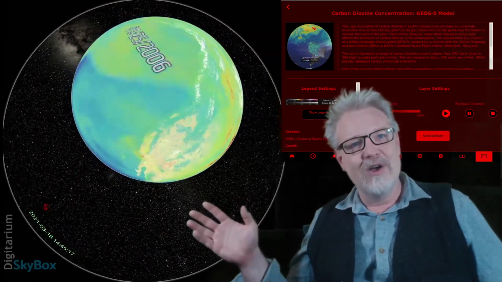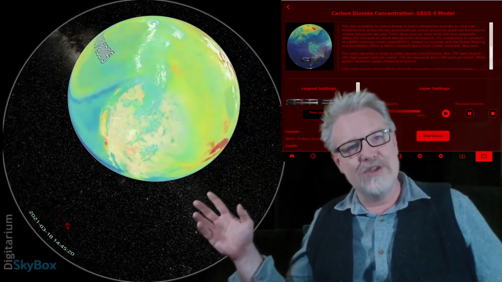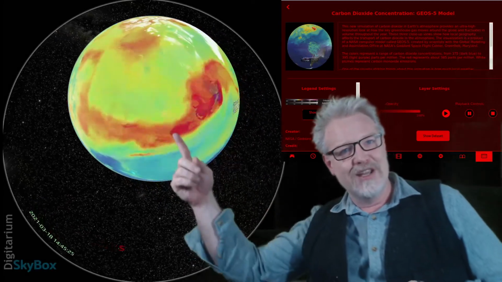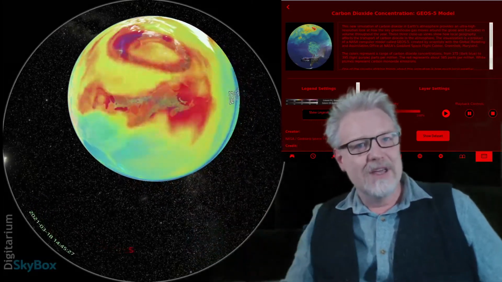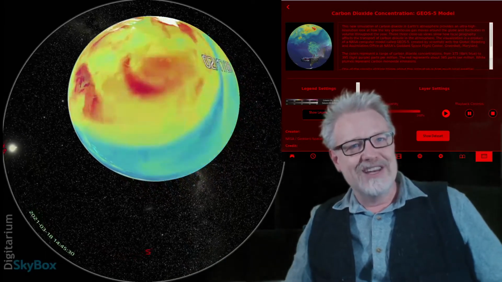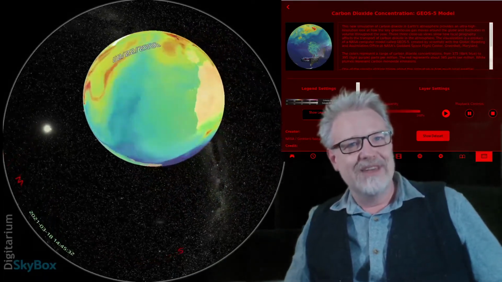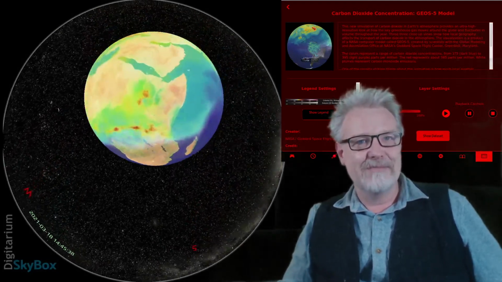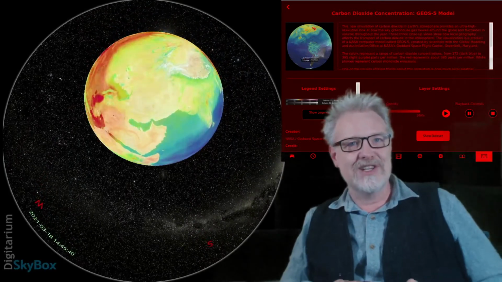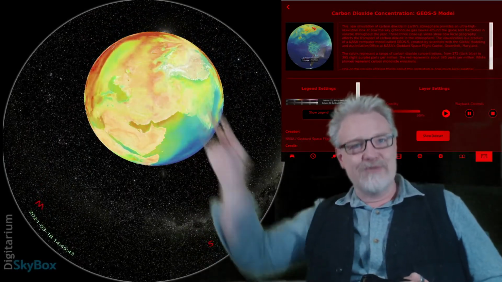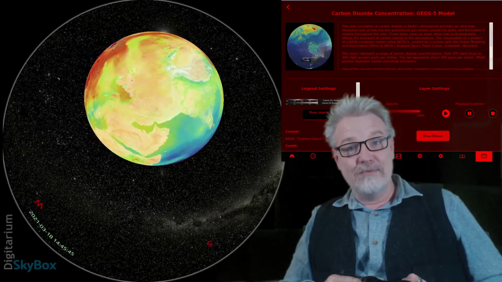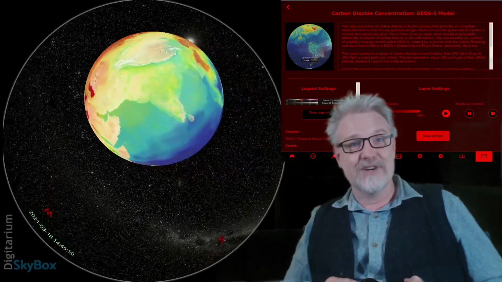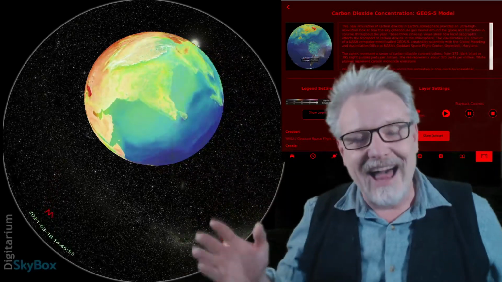You can see how prevailing winds are going to be moving carbon dioxide and other atmospheric gases around, so you can kind of see these patterns here. Pretty interesting. If we fly around to the other side of the world, I noticed that the Himalayas create kind of a buffer zone here. So you can see that topography plays a key role in very complex systems such as atmospheric transfer.